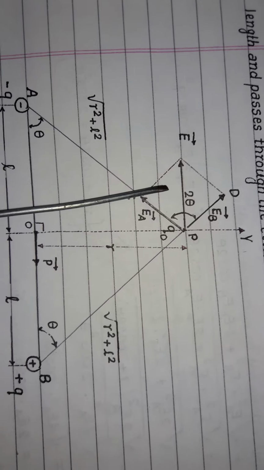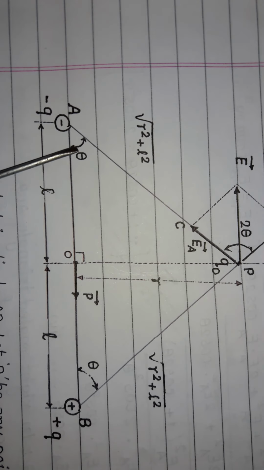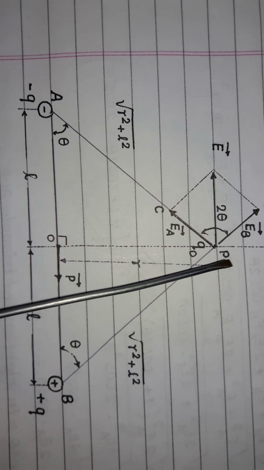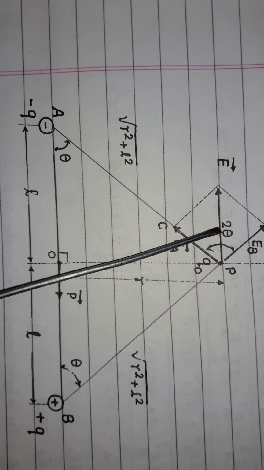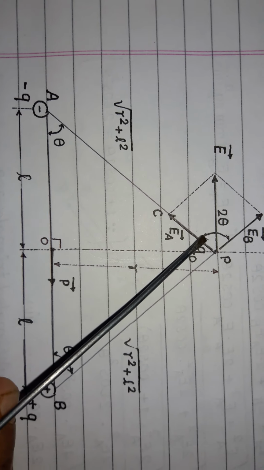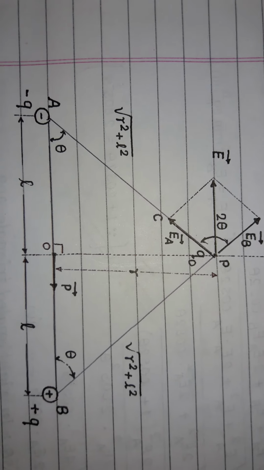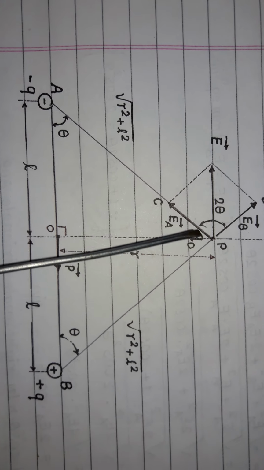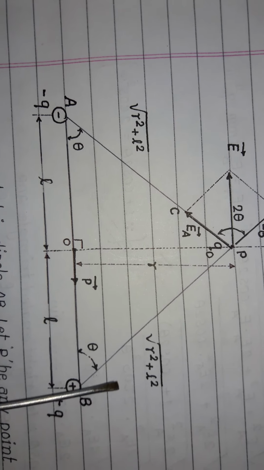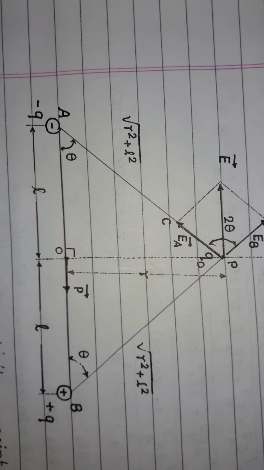Clear? Now if this angle is theta, then the total angle will be 2 theta. How? Because this is the exterior angle. Class 9th maths, simple mathematics: an exterior angle is equal to the sum of the two interior opposite angles, so it is 2 theta.